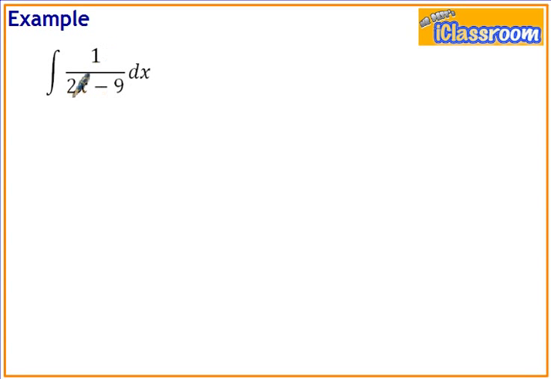So I think that because I can differentiate my denominator to get a constant term, it should be the same as my numerator. So my guess here is that this function will integrate to give me something to do with the log of 2x minus 9.